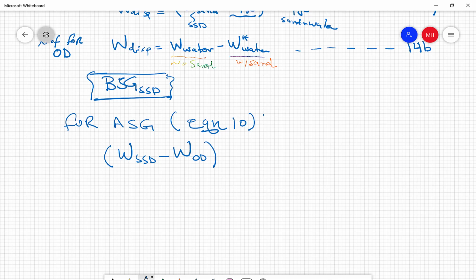So remember what we said, that the ASG, apparent specific gravity, is larger than the bulk specific gravity based on the SSD condition. All right.